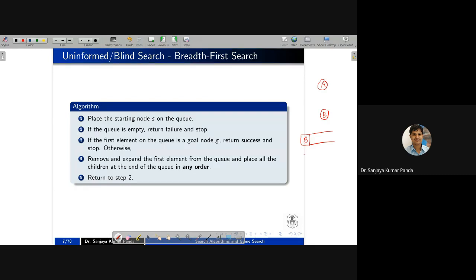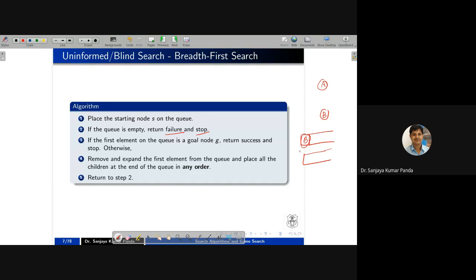But if the queue is empty and you have not found your goal node G, then it is a failure and you have to stop. If neither condition holds, this is not your goal node, then you have to remove and expand that element from the queue and place all the children at the end of the queue.